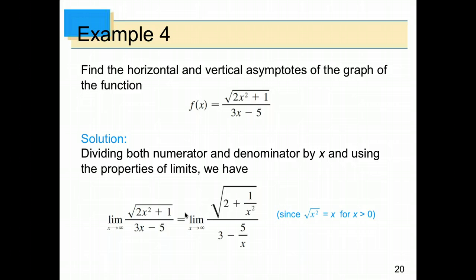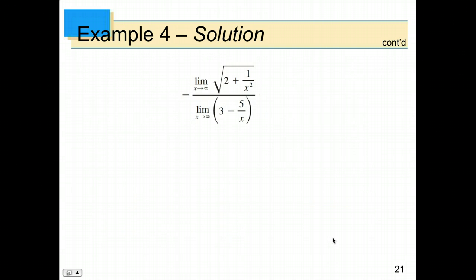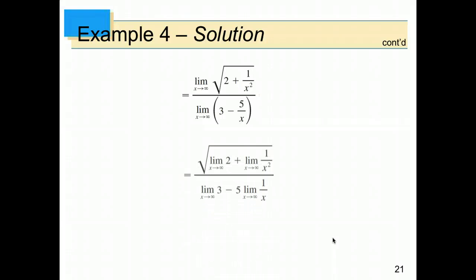So we end up with the limit of radical 2 plus 1 over x squared in the numerator and 3 minus 5 over x, okay? Now that gives us, using that quotient rule again, the limit as x goes to infinity of radical 2 plus 1 over x over the limit as x goes to infinity of 3 minus 5 over x.